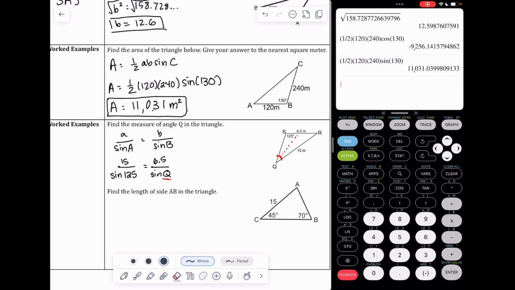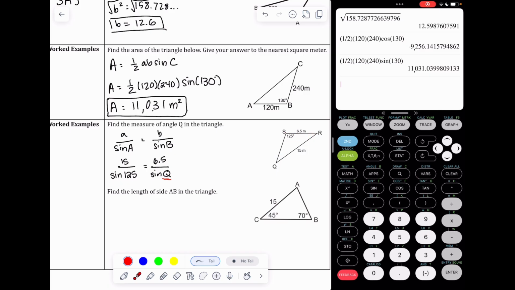Just a note, if we had been asked to find angle R, we might be worried at first because we have a side angle pair, but we don't have the pair across from R. We could still find angle R. We would just have to find it through finding angle Q, and then we'd use the fact that all three angles add up to 180 degrees.